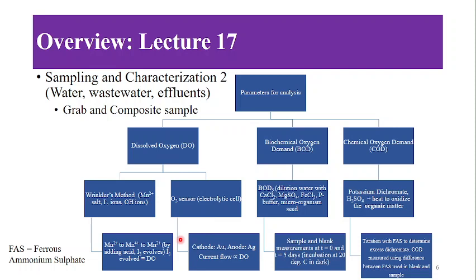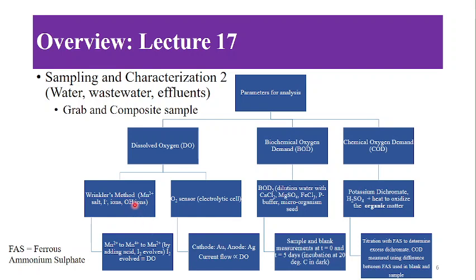Parameters for analysis were discussed, and they are in this given order. Dissolved oxygen can be measured by using Winkler's method. It's quite an old method in which the reagents used are manganese salt, iodide ions, and OH ions.